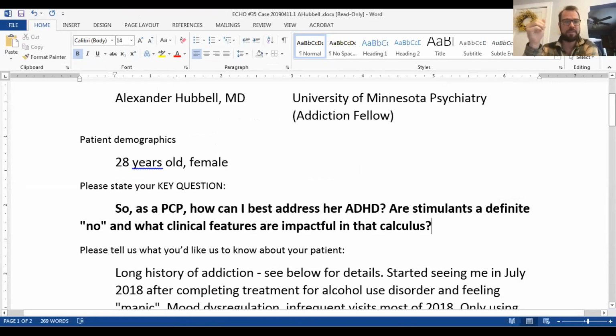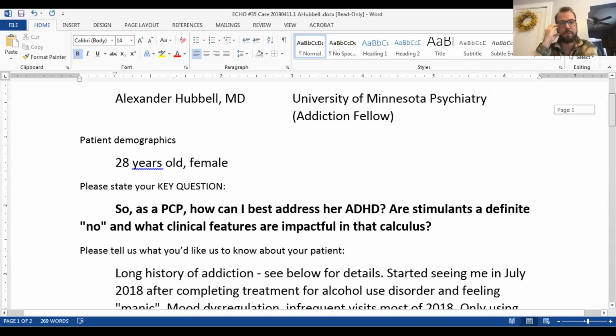At the same time, it's not been a straight line. So hopefully I can get some feedback about some of the things that could be better. But essentially the ultimate question is about this 28-year-old female: is she appropriately addressing her ADHD, which from her perspective is the most important thing to address.